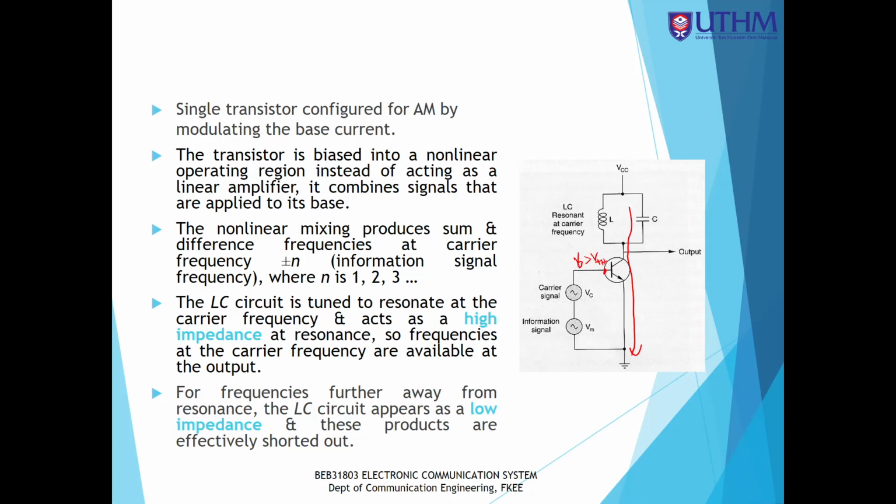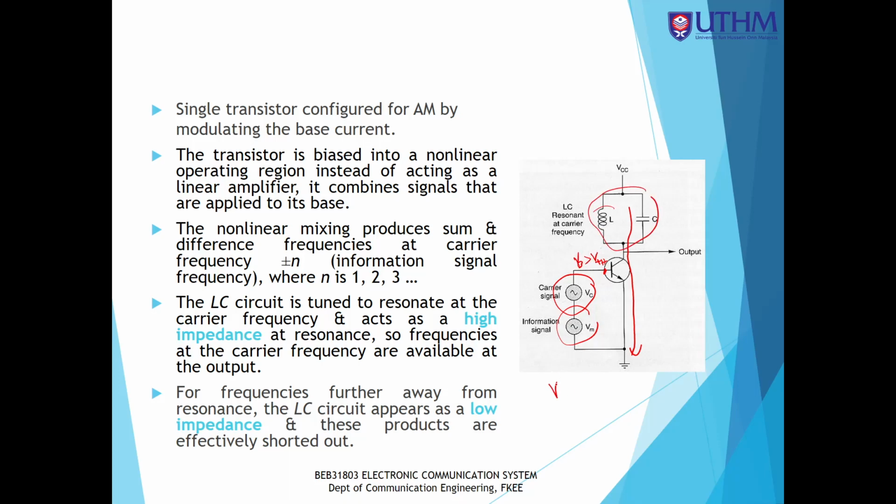During the negative cycle, the voltage at the base drops below the threshold, so current cannot flow from collector to the emitter. When the base voltage is more than the threshold, that means the combination of Vm and Vc is more than the threshold, so current can flow from collector to the emitter. At the same time, the LC tank circuit will be charging.